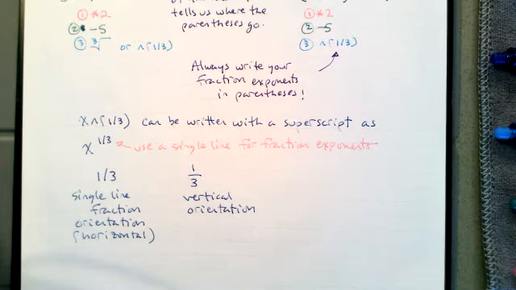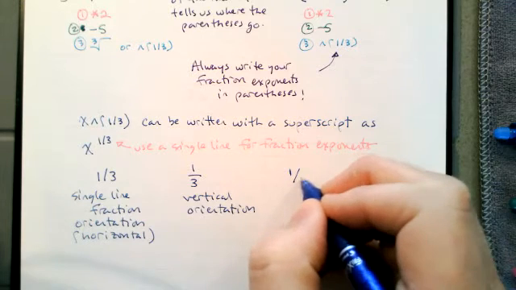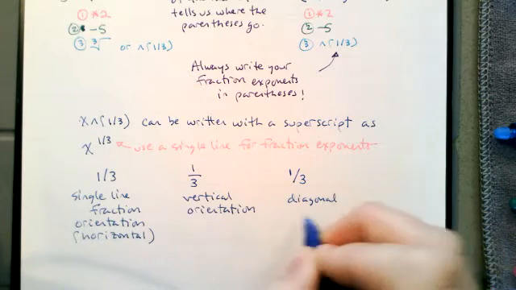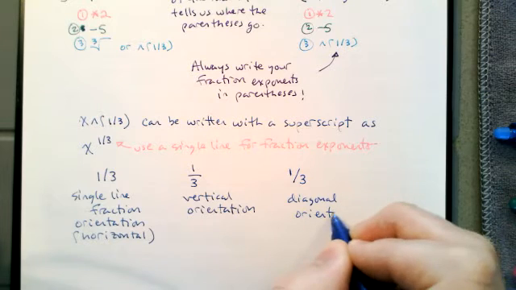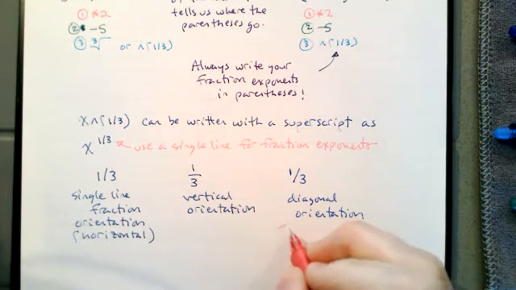We can write 1/3 in this vertical orientation. Another common way we write fractions is on a diagonal. When we're writing math, I can't recommend against diagonal orientation enough. Don't use this one.